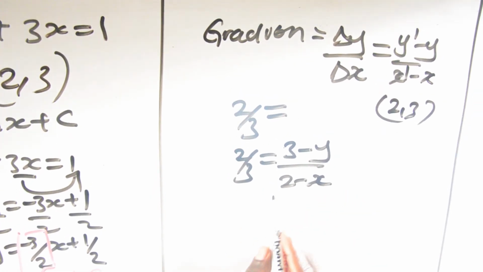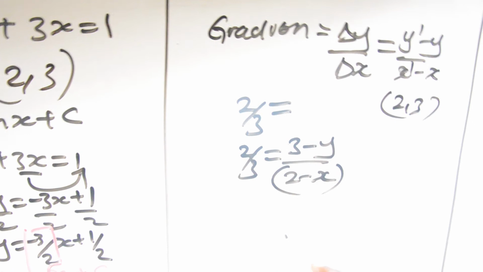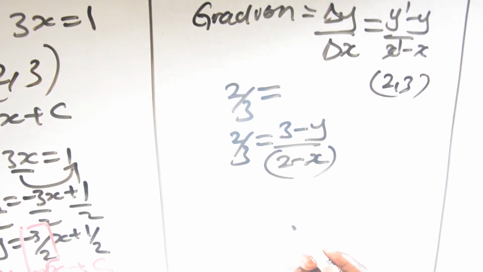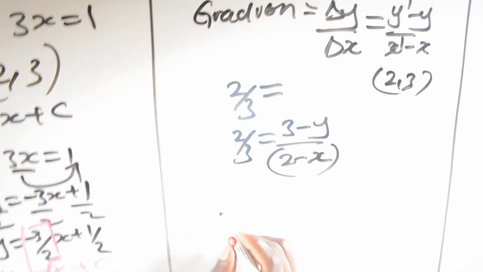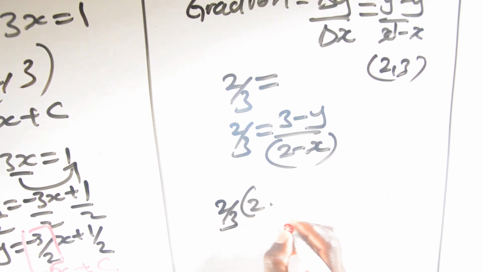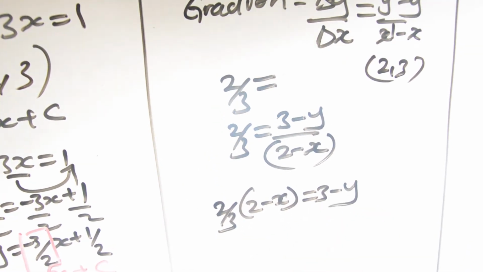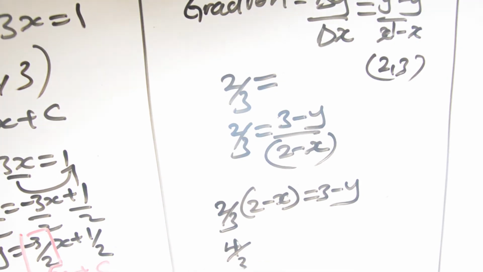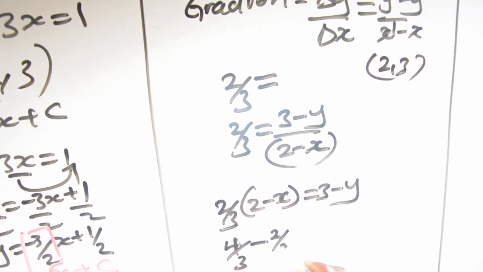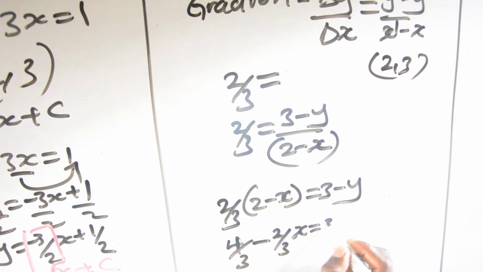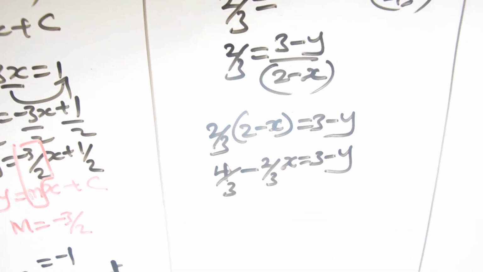So we multiply both sides by (2 - x). So it will be 2/3 times (2 - x) = 3 - y. When you open the bracket, it will be 4/3 - 2/3 x = 3 - y.